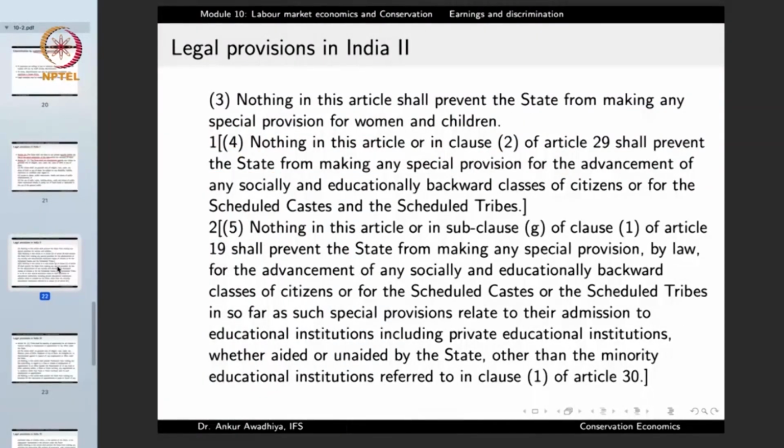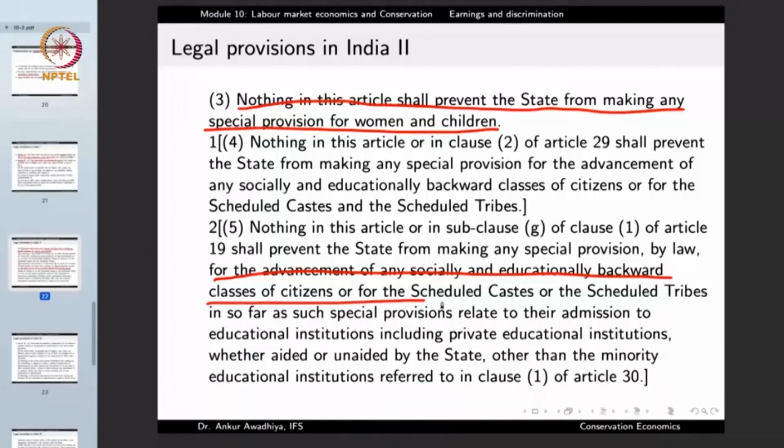Then the Constitution says that nothing in this article shall prevent the state from making any special provision for women and children, or for the advancement of any socially and educationally backward classes of citizens, or for the scheduled castes or the scheduled tribes.